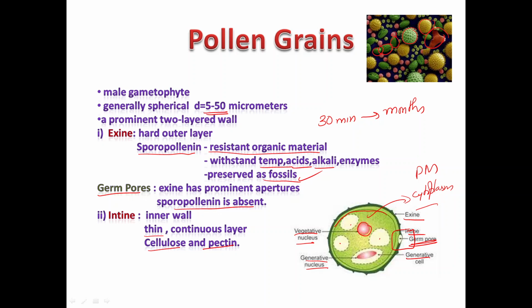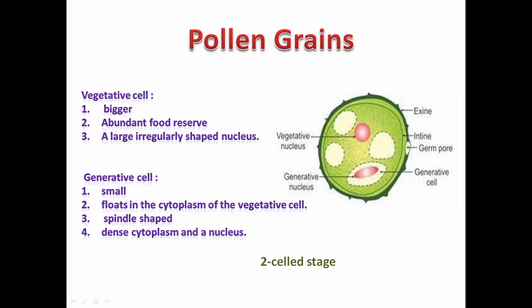And you can see a cell inside this pollen grain again. So let's look into the details. Inside a pollen grain, there is a vegetative cell. This is called the vegetative cell, and it has a vegetative nucleus. Apart from this cell, inside it there is a generative cell and a generative nucleus.